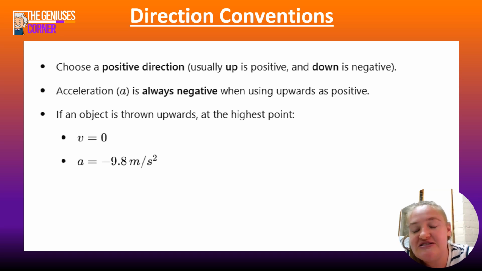Then it will start coming down again, where its velocity will increase, because velocity and acceleration will now be in the same direction. So these three things are very important to remember when you are solving problems with these equations and with vertical projectile motions.